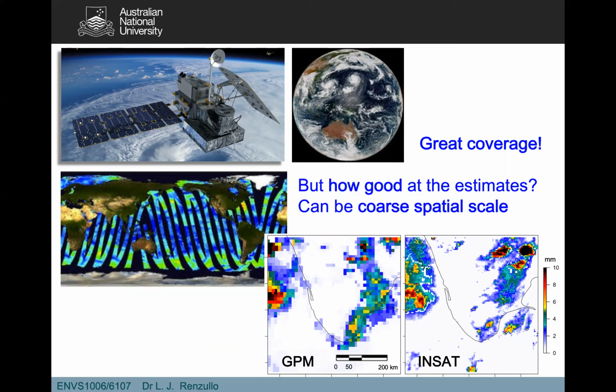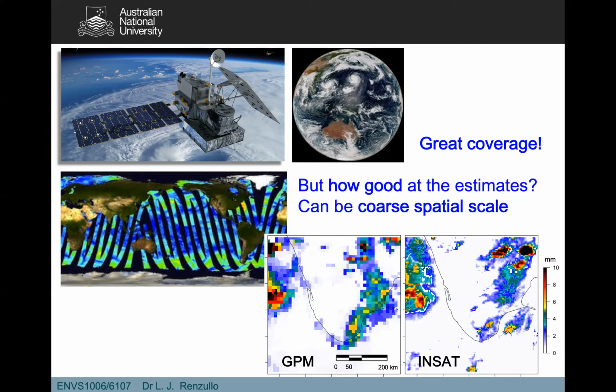And because of the way the images are acquired, they become quite coarse. At the bottom here is my favorite satellite at the moment, the GPM satellite estimates. Those pixels are about 10 kilometers. This is the bottom tip of India. On the right, there's a slightly higher resolution data set from a geostationary satellite over India called INSAT.